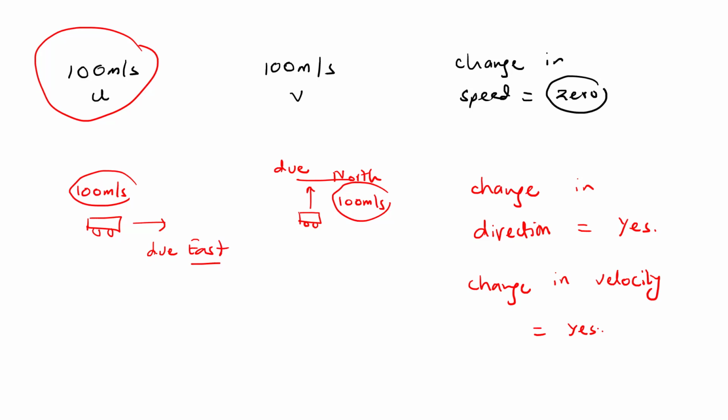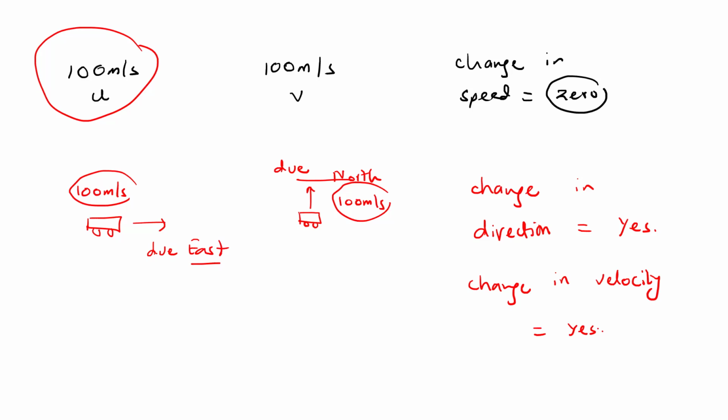But is it moving in a straight line? The answer is no. It is moving in a circular, maybe parabolic, maybe elliptical path, or, as per modern astronomers, neither circular nor parabolic. So there is change in velocity even when there is no change in speed.